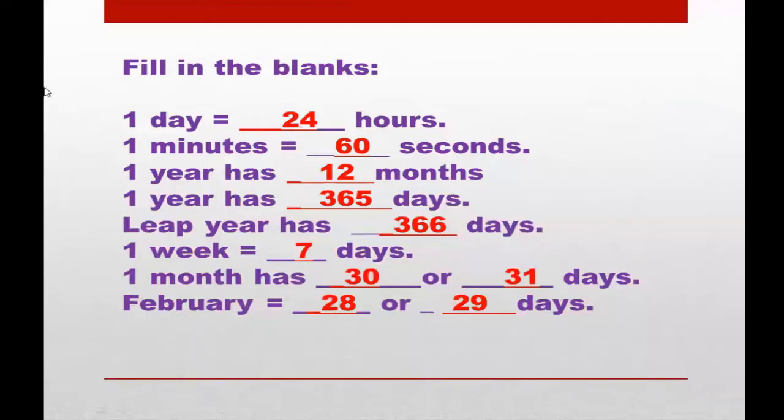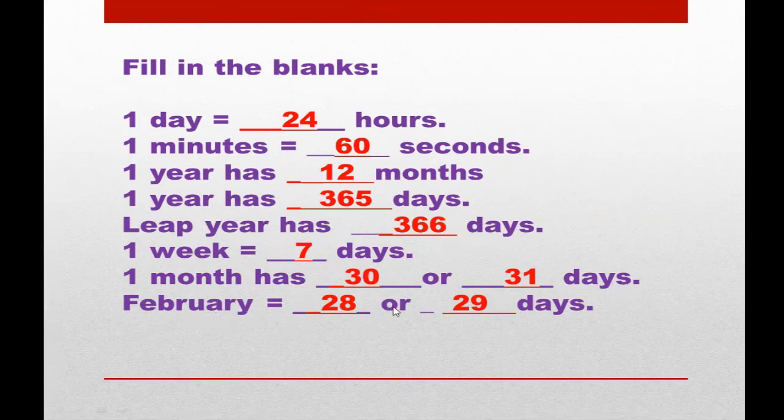Look here. When you learn the time, you should know how many hours are in one day. In one day we have 24 hours. In 1 minute we have 60 seconds. And in 1 year we have 12 months. In 1 year we have 365 days. A leap year has 366 days. 1 week, 7 days. 1 month has 30 or 31 days.